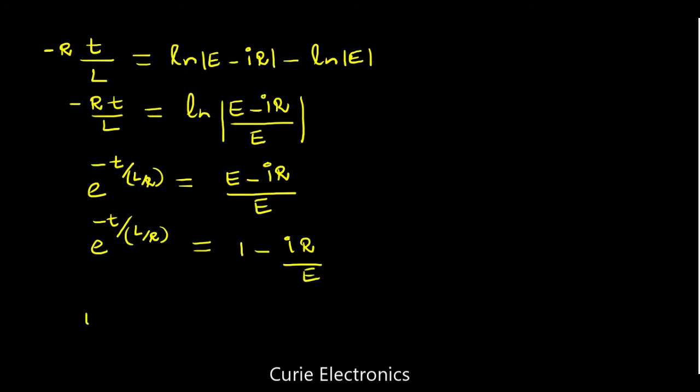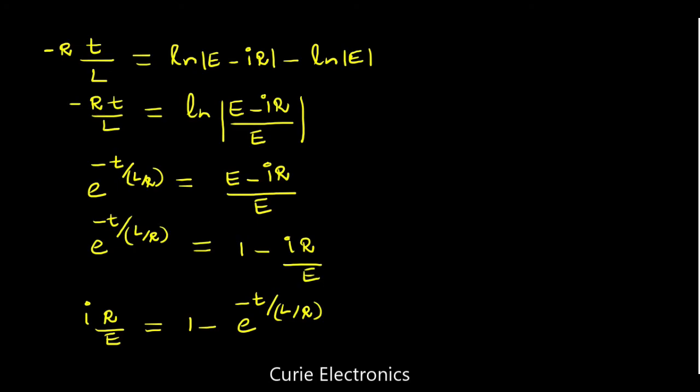So IR upon E equals 1 minus e to the power minus t upon L by R, which I'll write on the right side.